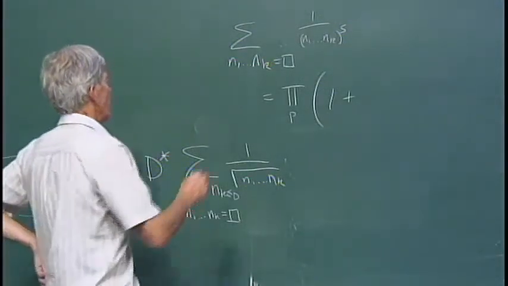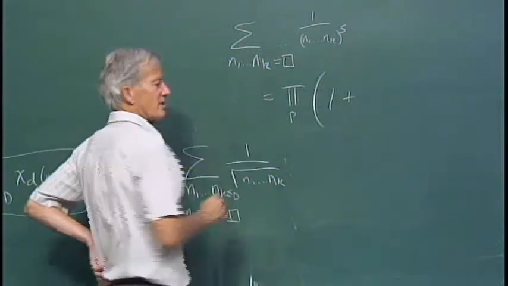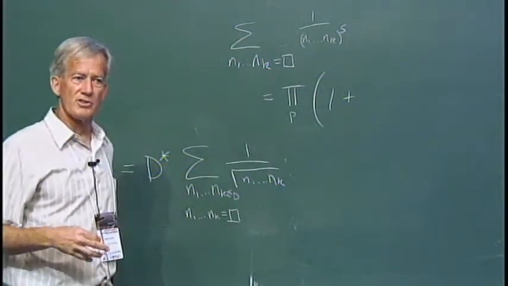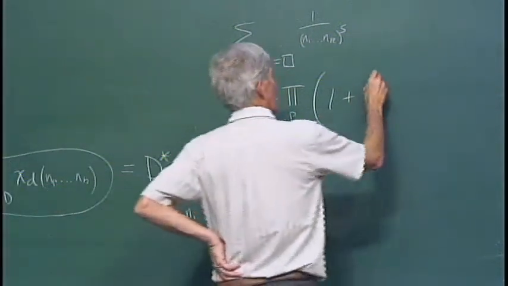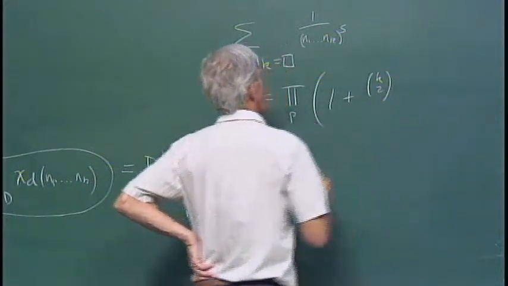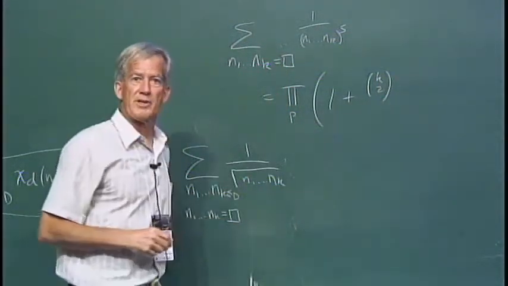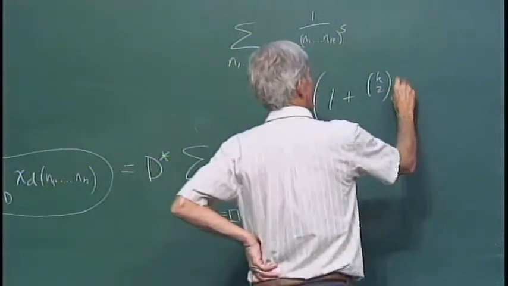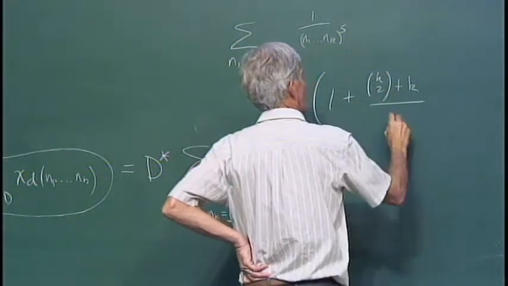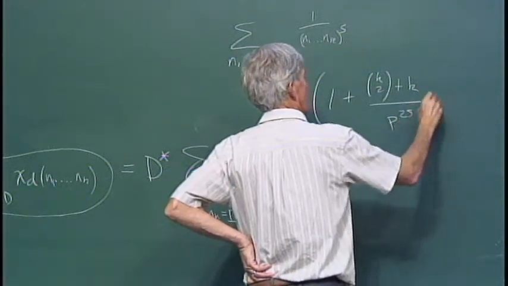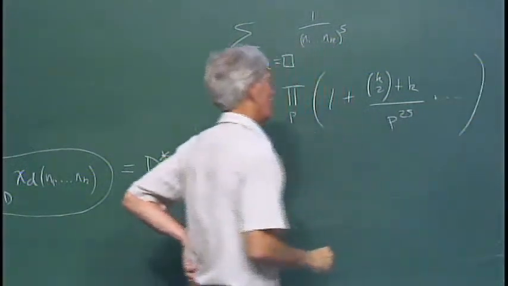Well, if you take two of them to be equal to p, there's k choose 2 ways to do that, right? But if you took one of them to be p squared, then that gives you another k ways. So you have that over p to the 2s, and so on.